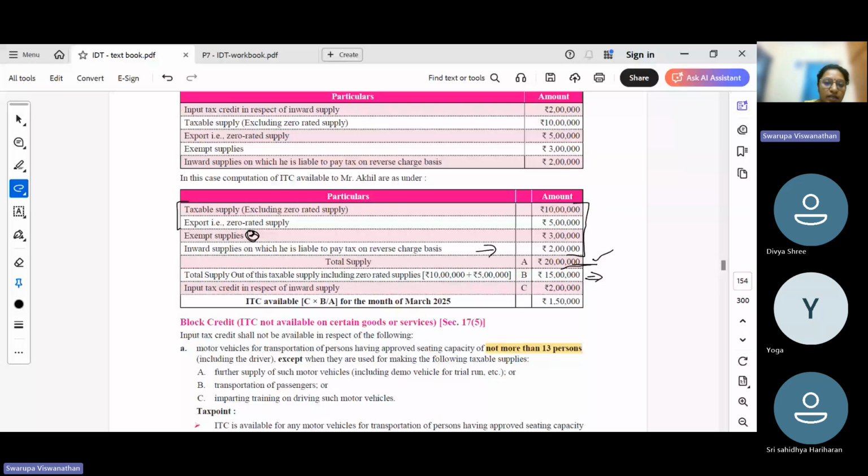Taxable supply plus zero rated supply, divided by total supply, multiplied by ITC, will give us the proportionate credit that can be availed. The balance amount needs to be reversed.